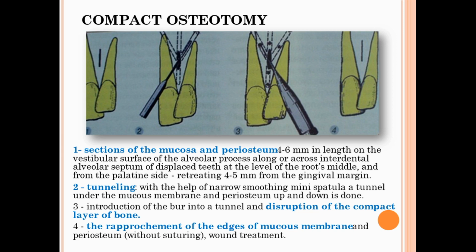For the body movement of the anterior teeth and rotations along the vertical axis, both from the vestibular and the oral sides. For the distalization of teeth, compact osteotomy should be done in front of and behind the roots of displaced teeth.